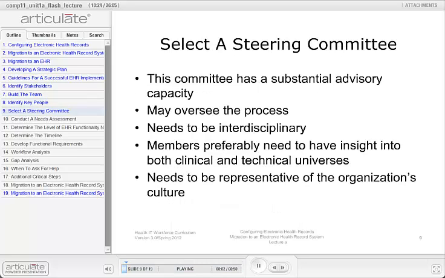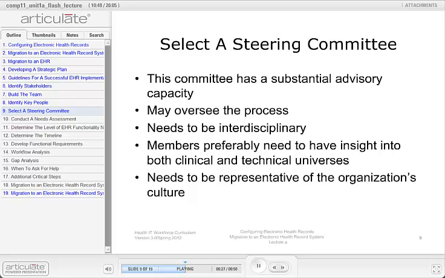Once key people have been identified, a steering committee can be selected. This step is important because the steering committee has a substantial advisory role and may oversee the process. Because of its advisory role, the steering committee should be interdisciplinary and include members that have insight into both clinical and technical disciplines.